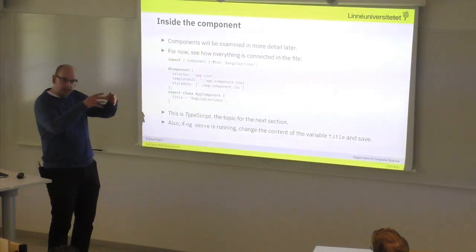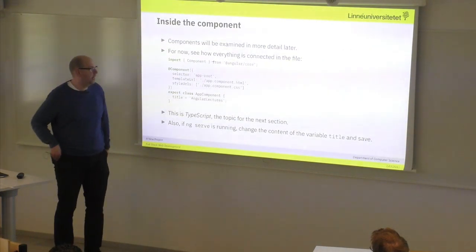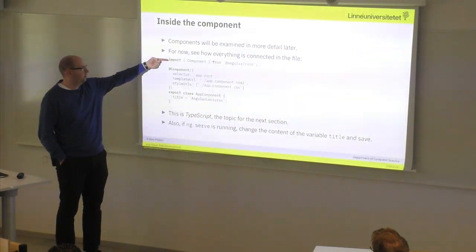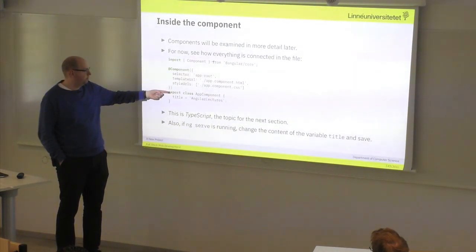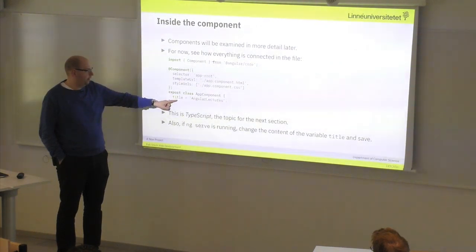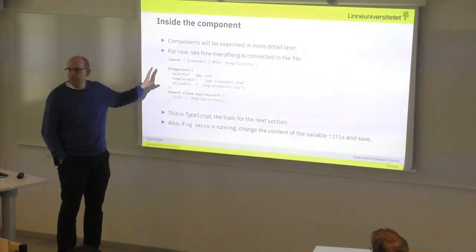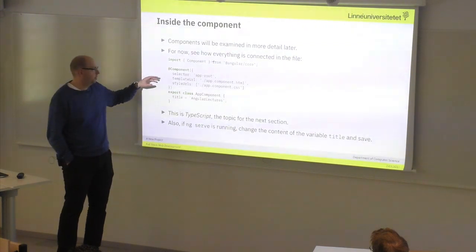And if we look into this component, we will see that it looks like this. It has something looking like this, an import of some kind. It has something that looks like an annotation, and it is. And then it says export class, and it has a variable called title. This is TypeScript, and we will look more into that in just a few minutes.